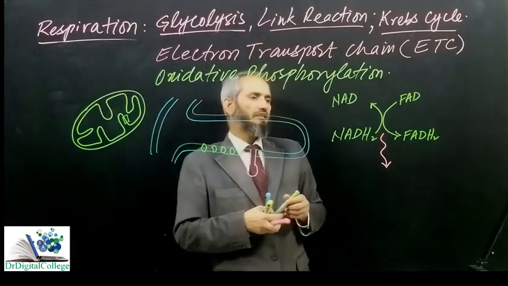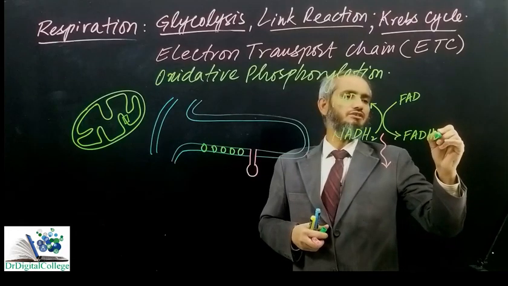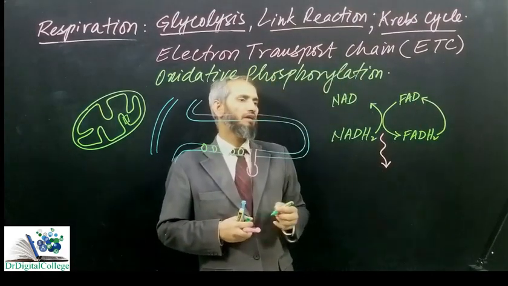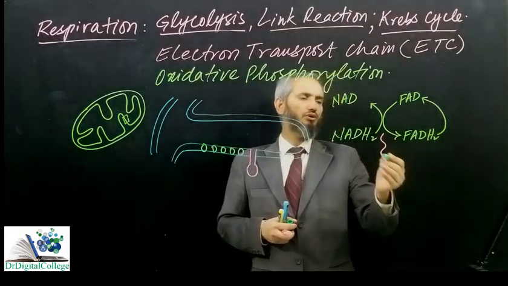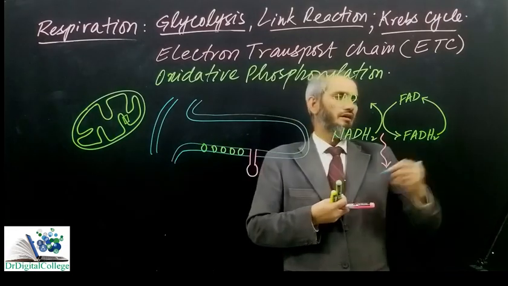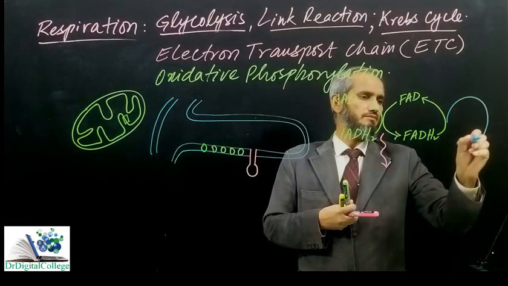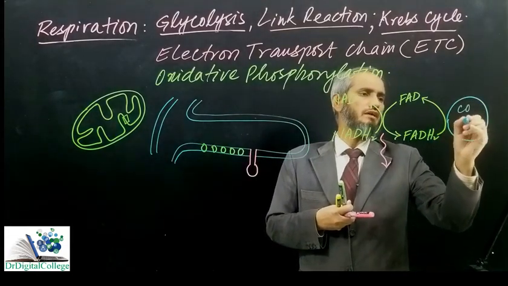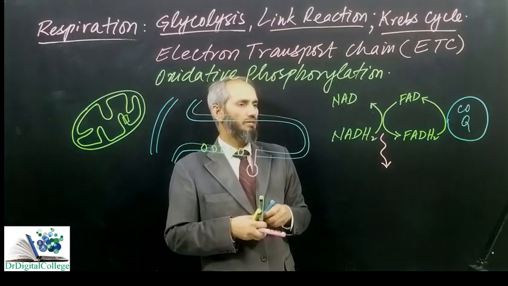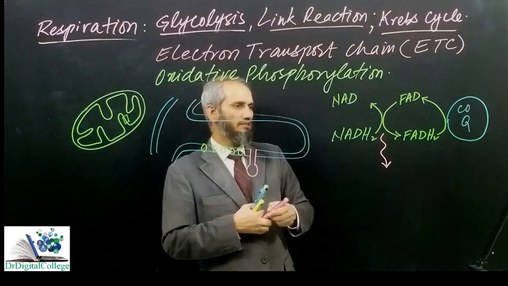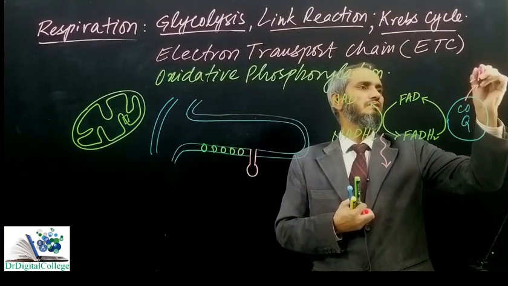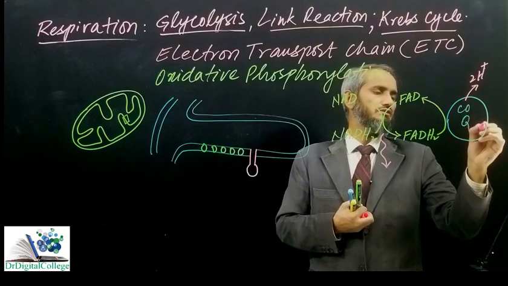Now the next step is that FADH2 is oxidized into FAD, and hydrogen, electron and energy are given to a complex of enzymes called coenzyme Q. The job of this complex of enzymes, coenzyme Q, is to separate protons from electrons.